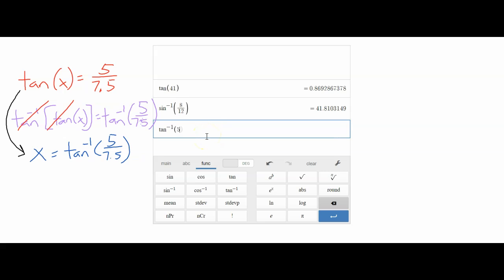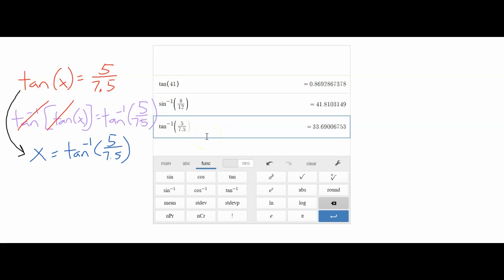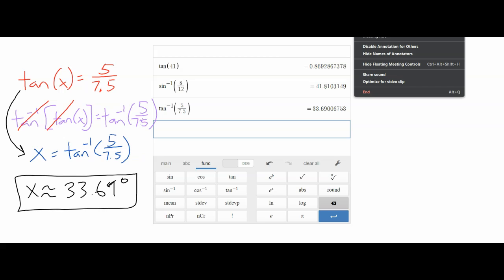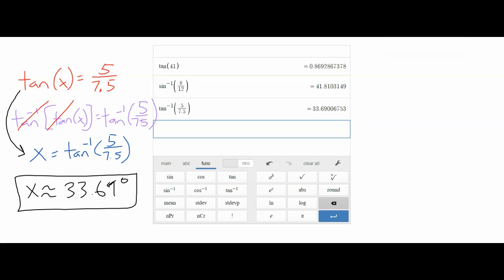And we're going to have 5 divided by 7.5. And that means x, or that angle, is approximately equal to 33.69 degrees. And we will take that with us back to our notes.